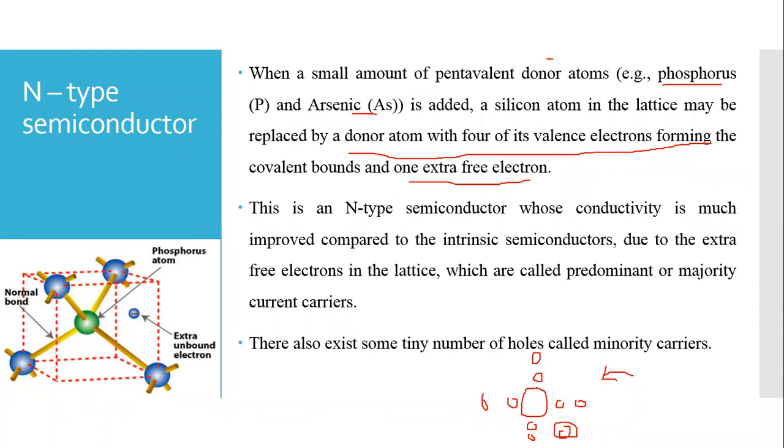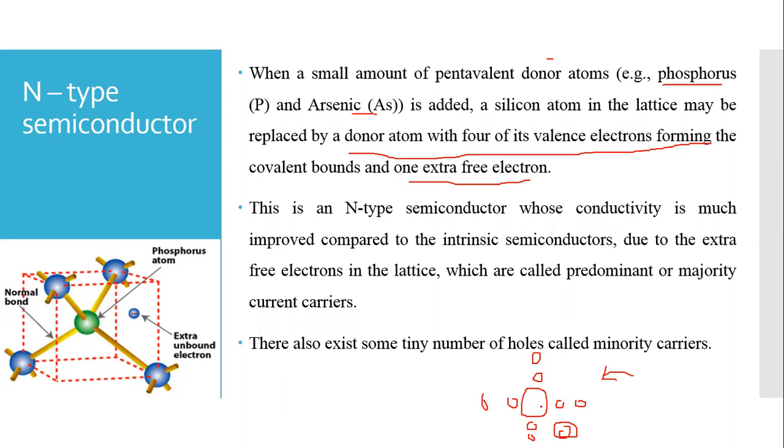Again, if this is a silicon atom, here we have 4 valence electrons of silicon, and when you add a trivalent atom, 3 electrons of silicon pair with these electrons, and it can make the covalent bond over here.